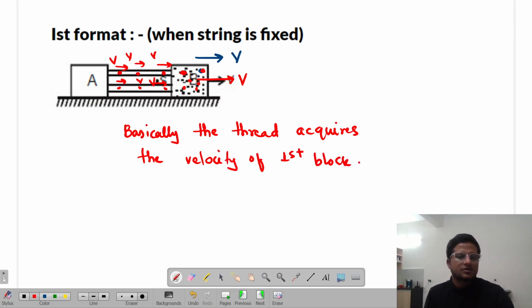Is that clear or not? मतलब मान लो ये फर्स्ट ब्लॉक है और ये सेकंड ब्लॉक। तो जो थ्रेड की वेलोसिटी है वो फर्स्ट ब्लॉक के तरफ चलना स्टार्ट हुई। अब सोचो जरा, ये थ्रेड तो ब्लॉक ए के साथ अटैच्ड है ना, तो ब्लॉक ए भी सामने की ओर बढ़ेगा, it will move.